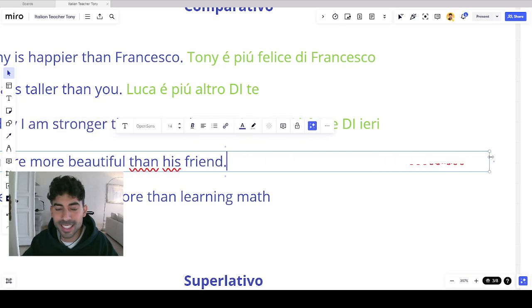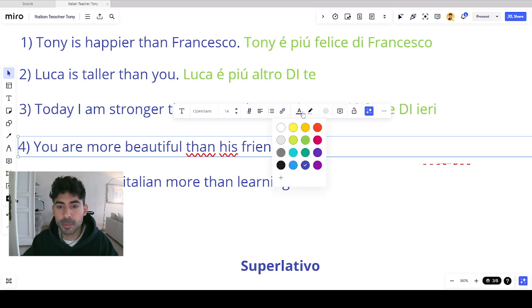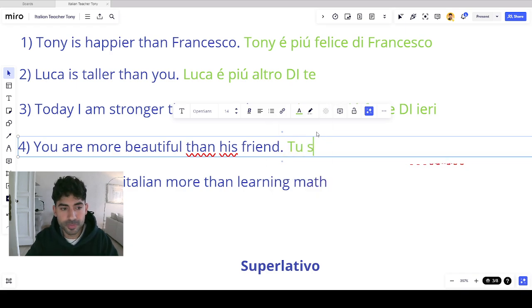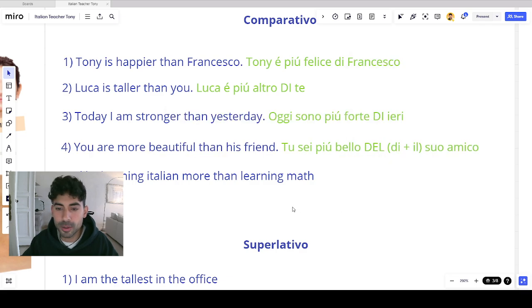Amico, maschile singolare. So, "you are more beautiful than his friend." Tu sei più bello del, which literally means di plus il suo amico. Notice that here we use del because suo amico is a generic noun.